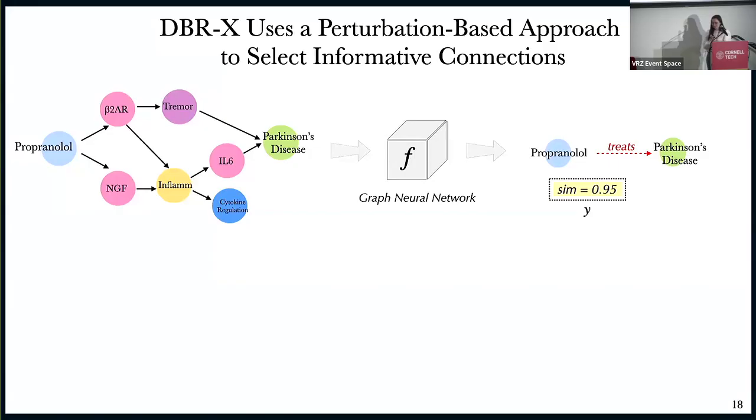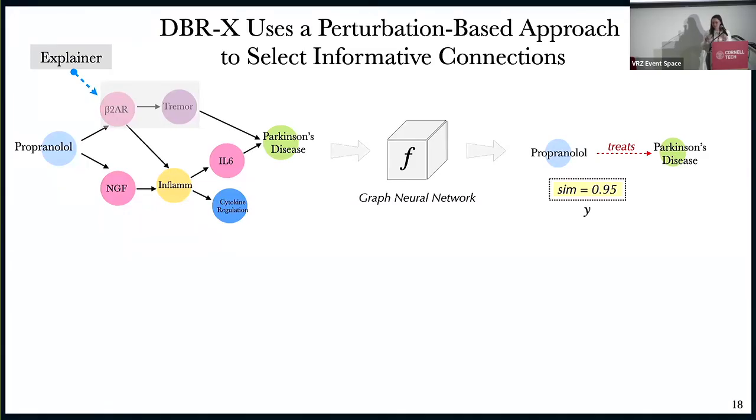We use a perturbation-based approach. The idea of using a perturbation approach is that you make small changes, you perturb your graph, and see what happens to your prediction. So you remove something from your graph, like let's say that we remove the connection between the beta-adrenergic gene and the tremor, and you evaluate what happened to your original prediction.